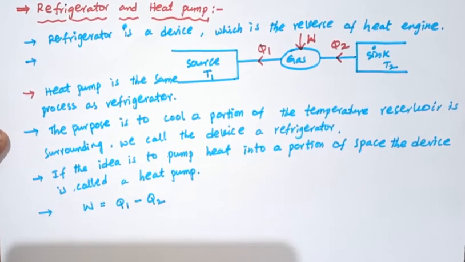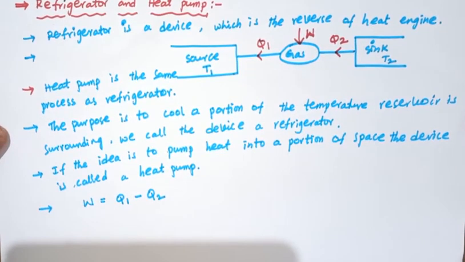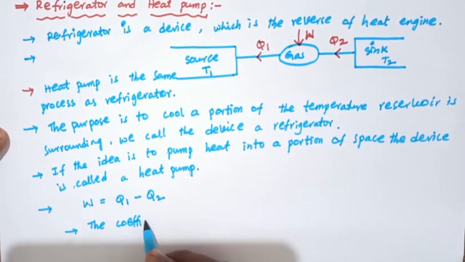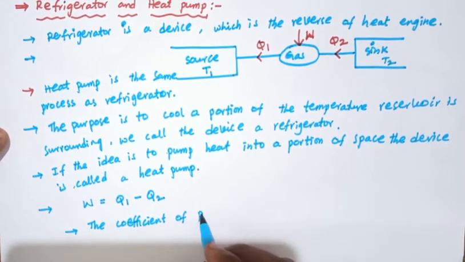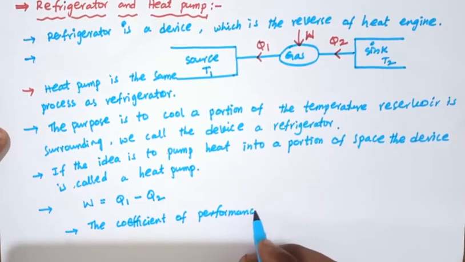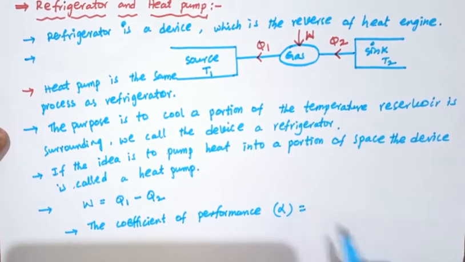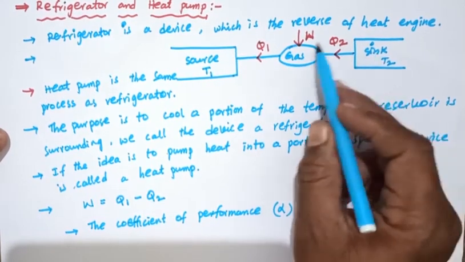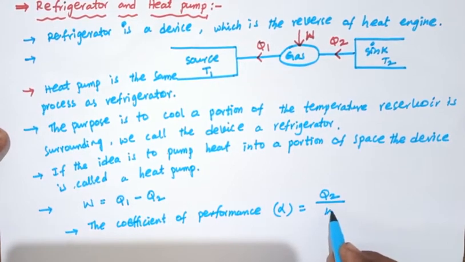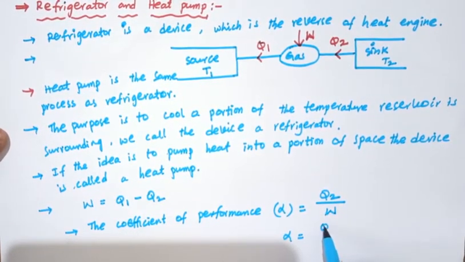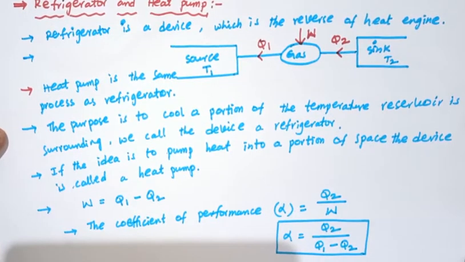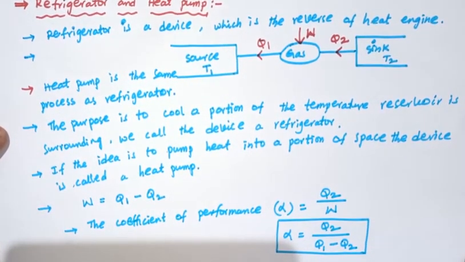Then the coefficient of performance is denoted as alpha, equal to the heat Q2 absorbed from the sink divided by W. So alpha equals Q2 divided by W, which equals Q2 by Q1 minus Q2. This is the coefficient of performance of a refrigerator or heat pump.